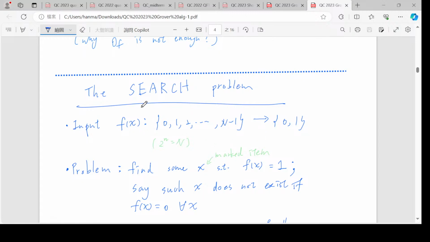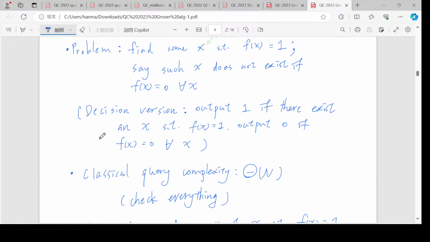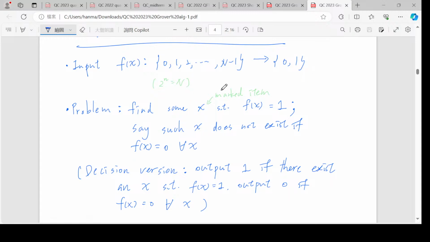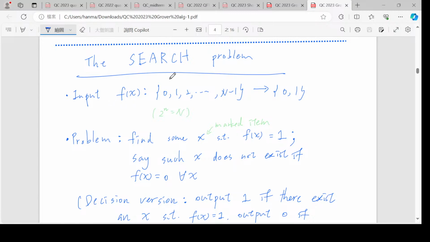Or in terms of the Boolean function, you have this f of x from n bits to 1 bit, and you want to find a marked item inside the input to this f of x. So you want to find an n-bit string x such that f of x equals 1. Okay. If such an x exists. If f of x is just constant 0, then you need to answer there is no such marked item. Okay, and this is the oracle problem.